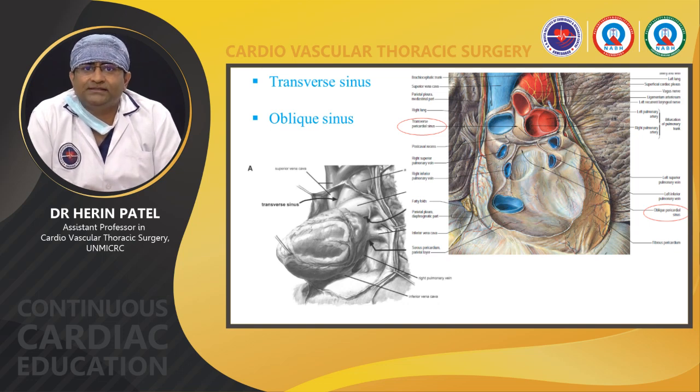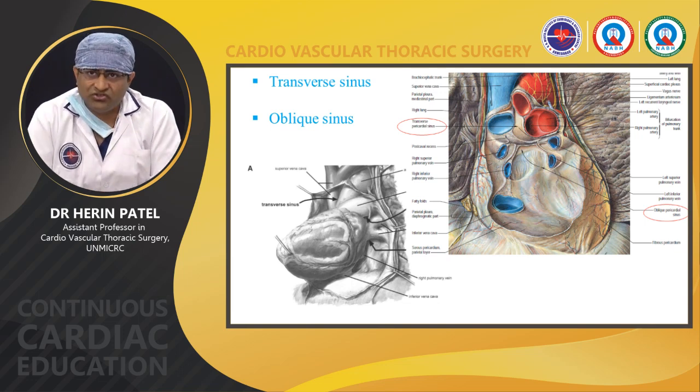The oblique sinus, you can see the arrow which shows the oblique sinus, which is located below the pulmonary veins. The oblique sinus is often used while passing a C-shaped retractor while looping the inferior vena cava, when we need to go on pump using a bicaval cannulation and opening of the right heart chamber.